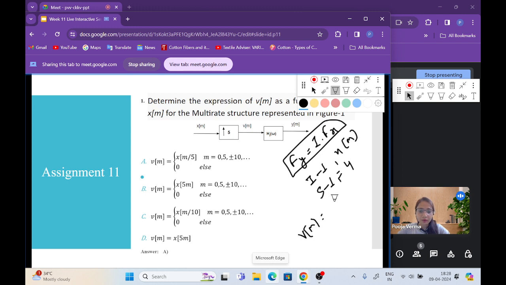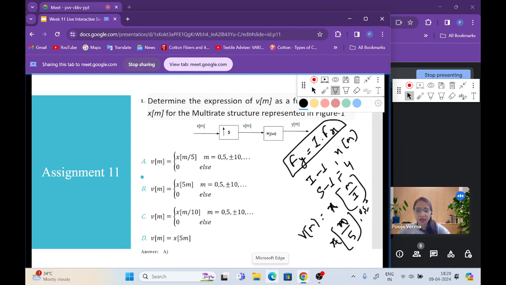by a factor, x of m by I. Here I is given by 5, that is x of m by 5, with a 0 in the interval of 5.